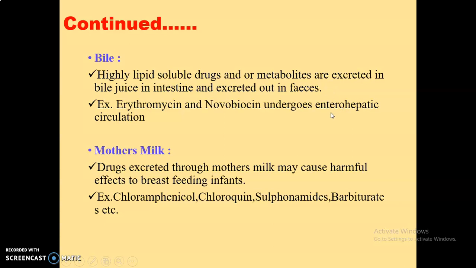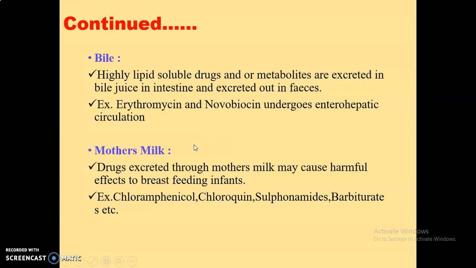Some drugs, when they enter the intestine from bile juice, are again reabsorbed back into the liver via the portal vein and again secreted into bile and from bile again into the intestine. This is called enterohepatic circulation. A drug that undergoes enterohepatic circulation shows prolonged duration of action. Some drugs excreted by this route are antibiotics like erythromycin and novobiocin.